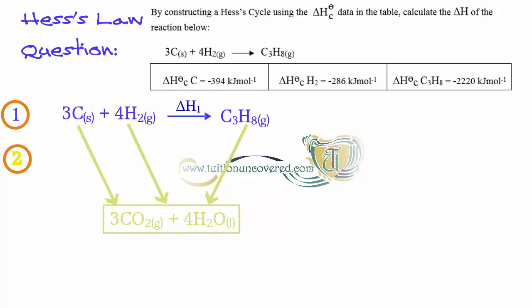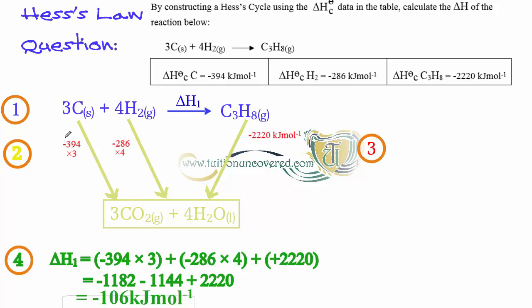And then step 3, put the values for each arrow next to them. So for instance, combustion of carbon, to burn 1 mole of carbon in plentiful oxygen, minus 394. So therefore, to burn 3 moles of carbon, it's minus 394 times 3. Straightforward. This arrow here represents the combustion of 4 moles of hydrogen. So minus 286 times 4. This is where I got my minus 286 from.